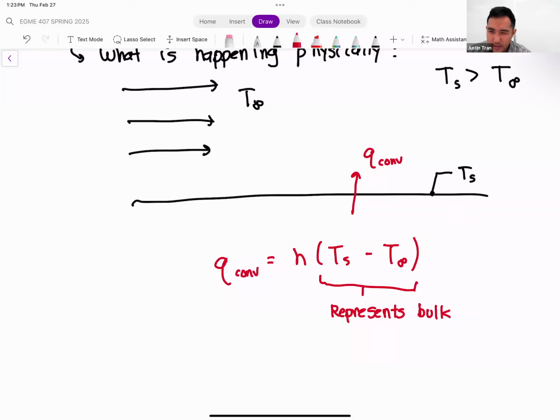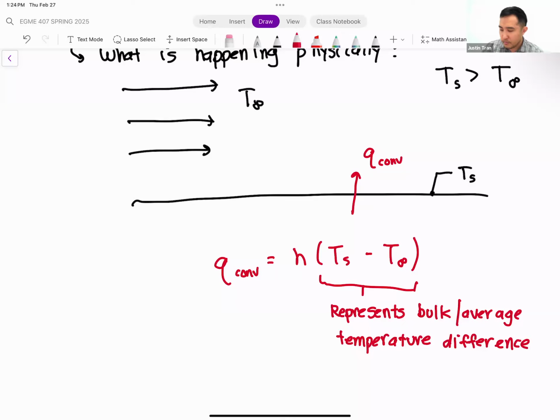I guess maybe another way to put it is this is the average temperature difference, bulk/average. And any kind of micro effects, we've neglected up until this point.